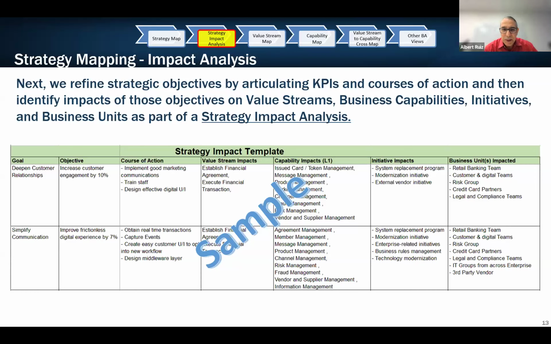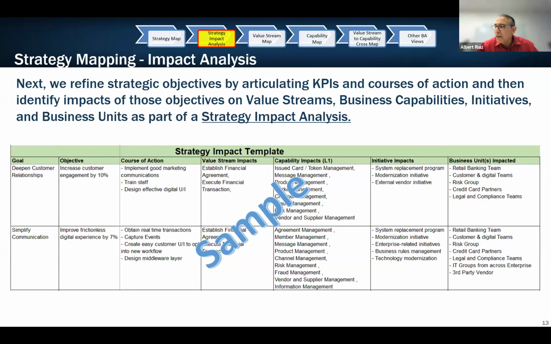Obviously, KPIs are super important, and so we try to put together a good understanding of what the objective is, so that we can properly scope those areas that are impacted. In our case, we look at what courses of action are required to meet those objectives, and in turn, what value streams, capabilities, and initiatives are impacted, and if there are specific business units that are impacted.